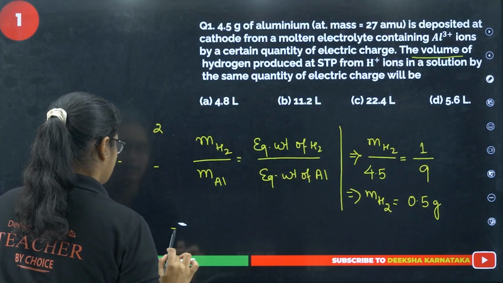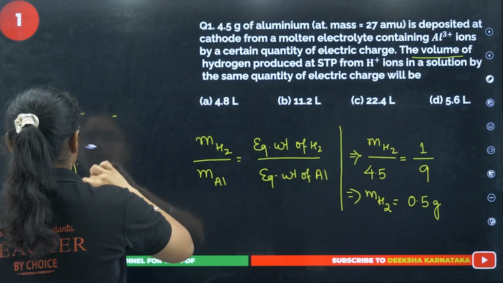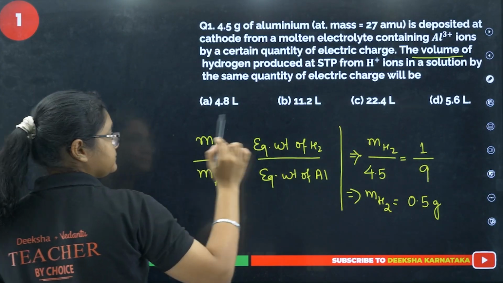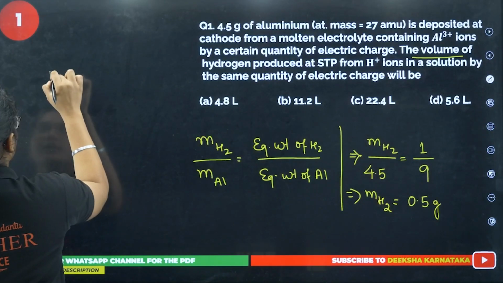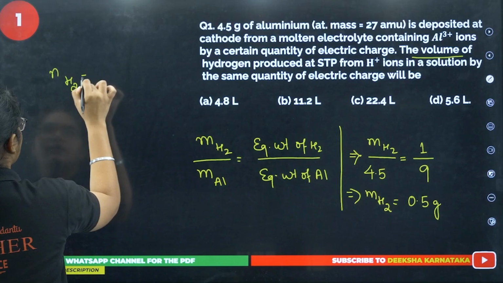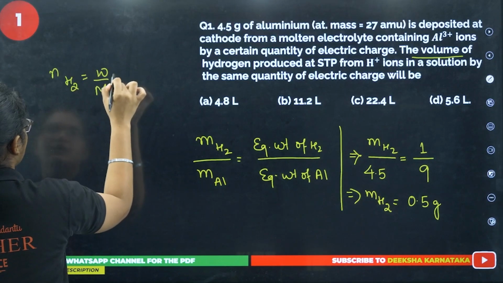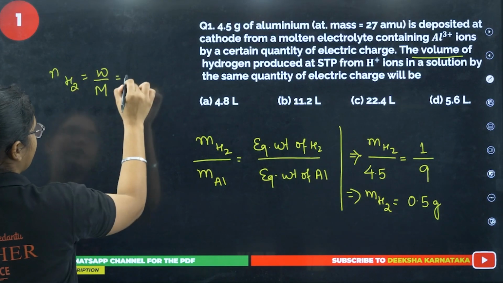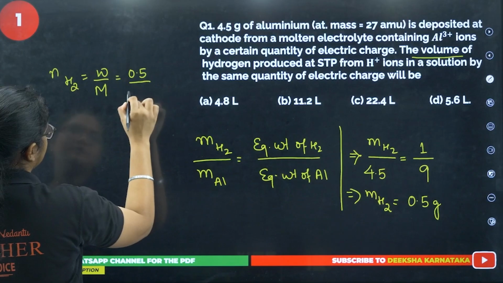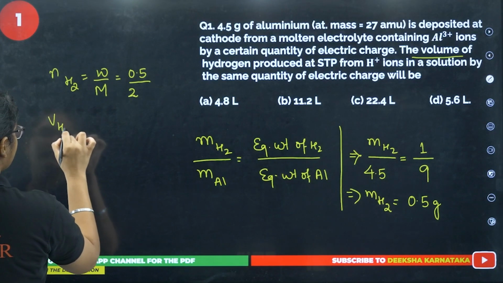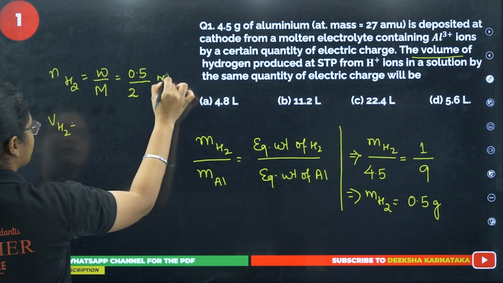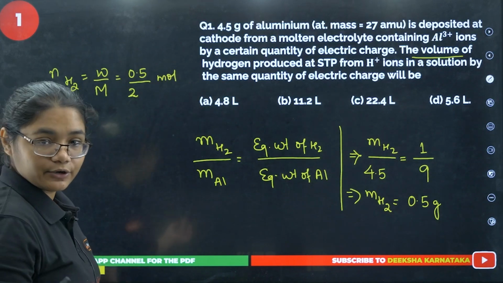Yes, we have studied in mole concept how to convert, right? So first we will convert it into number of moles of hydrogen. Number of moles of hydrogen will be what? Given mass by molar mass. What is given mass here? 0.5. And what is molar mass here? Hydrogen molar mass is 2. Then what is volume of hydrogen? To convert moles to volume, multiply with 22.4 liter.